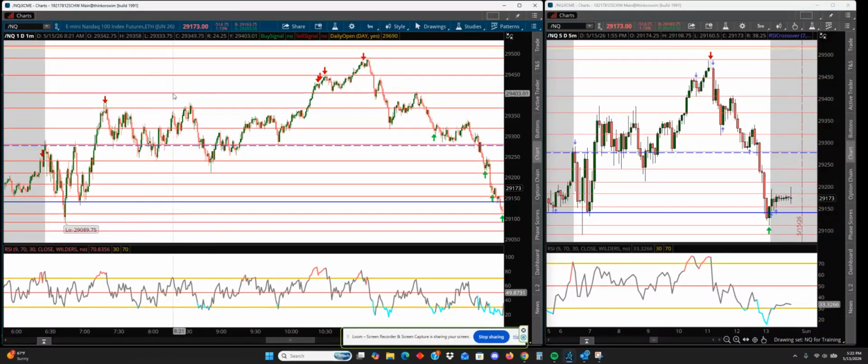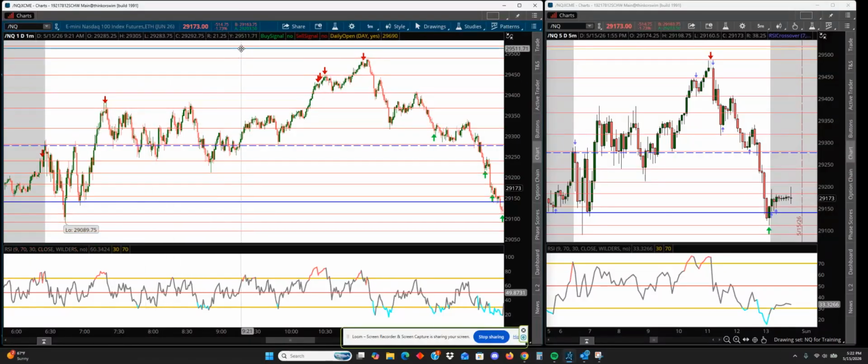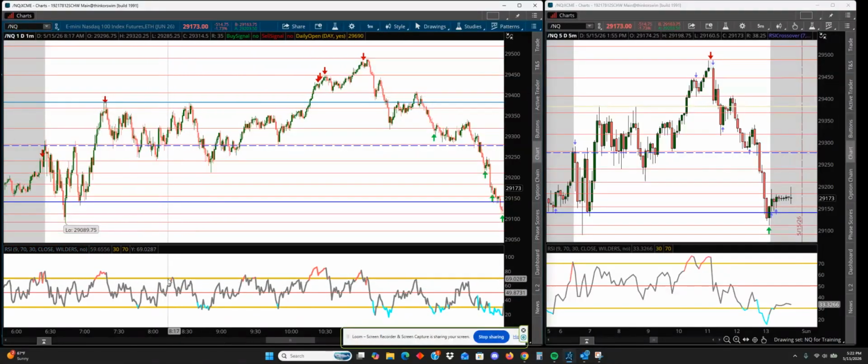But then when the market came back and tested here, I put this line here after this high, and we had a great divergence right there on the RSI, and we had a divergence on the 5 minute as well. As you can see, we have a double top right there.